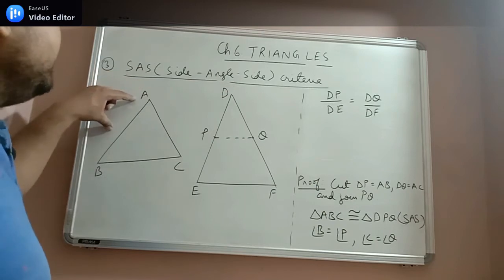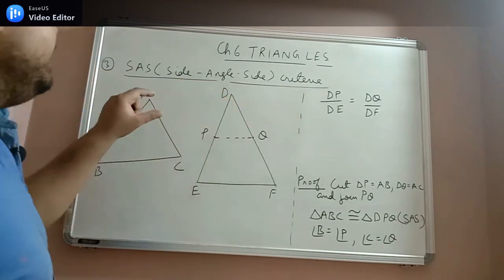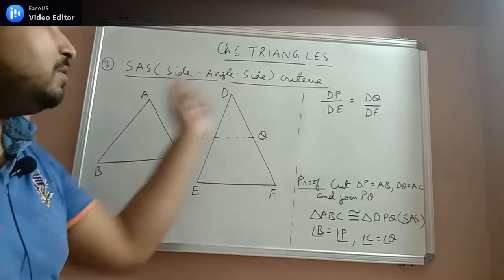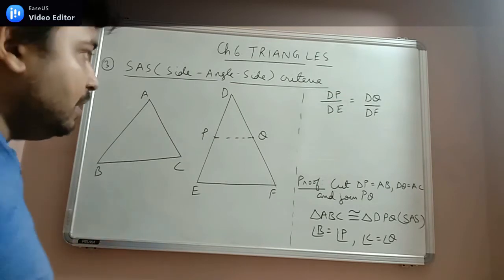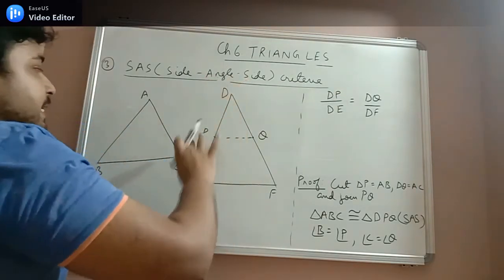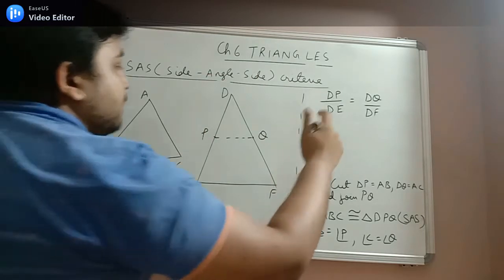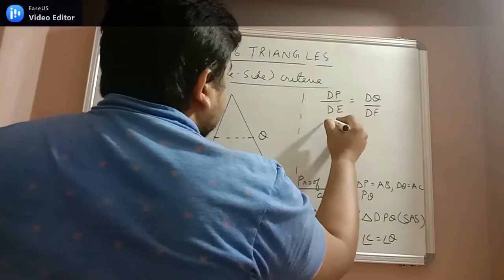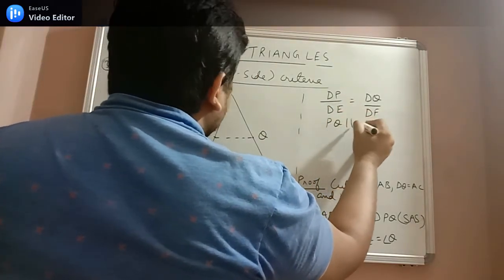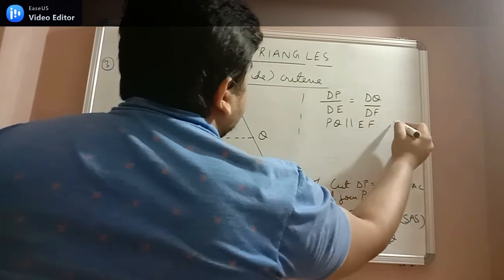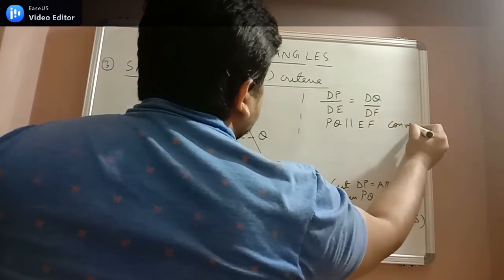So I replaced AB by DP and I replaced AC by DQ because these two sides are equal. So we have DP upon DE equal to DQ upon DF. So one can say that PQ is parallel to EF by converse of BPT.